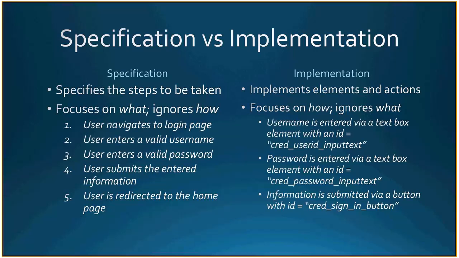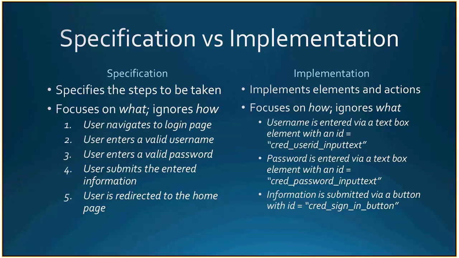So for our login page, the specification looks like what you see on the board here. The user navigates to that page, he puts in a password, he puts in a username, etc. He does the series of things in this specific order. He clicks on the button finally and he gets his result. The implementation doesn't care about the what, it just focuses on how all of these elements are interacted with.